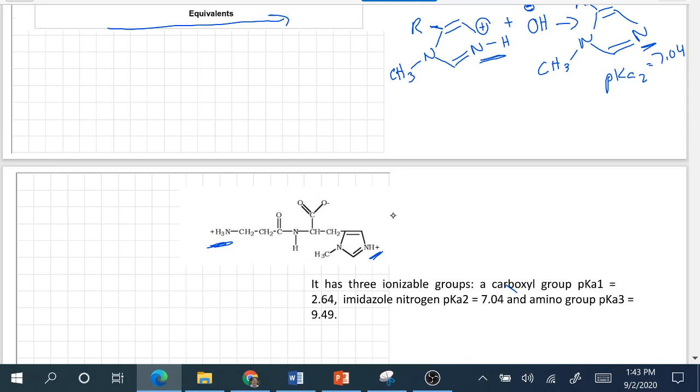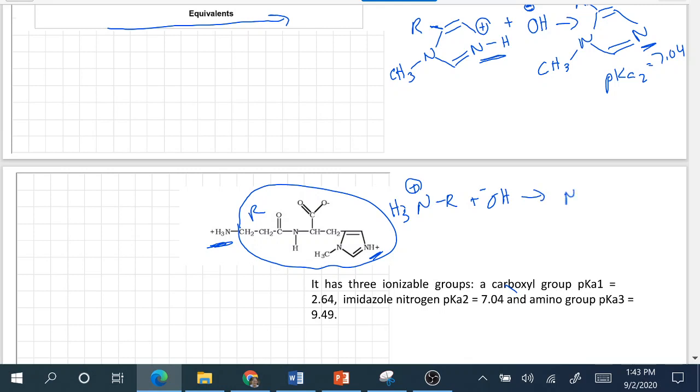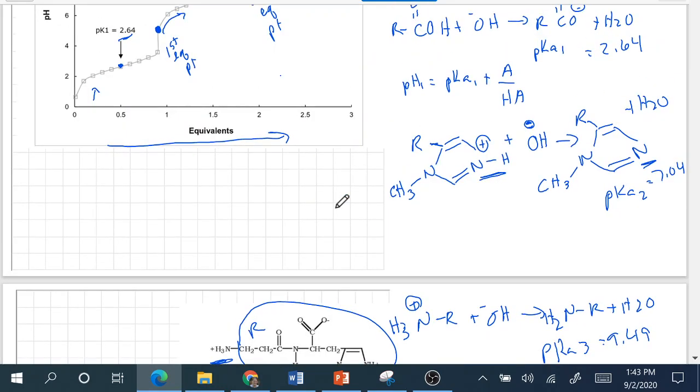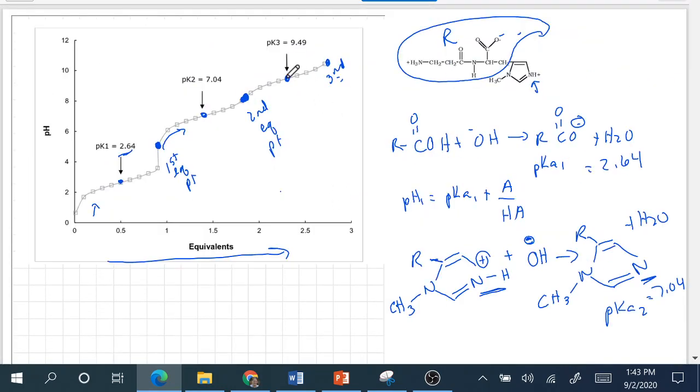So if we consider all the rest of this molecule to be R, then we can write this equation as NH3R plus OH minus yields NH2R plus H2O, and our pKa3 is equal to 9.49. So at 9.49, our amine group is half deprotonated.